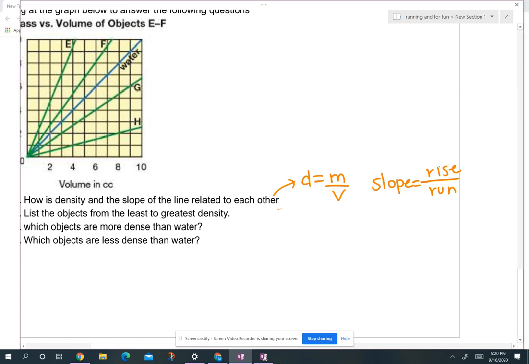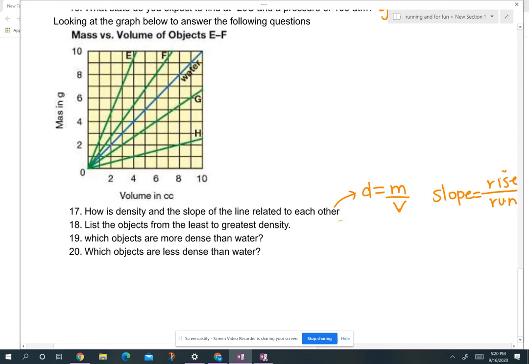So basically, the density of whatever object you're talking about is equal to the slope, right? The mass is equal to the rise, and the run is equal to the volume. So you'll see that both of those things are related to each other.